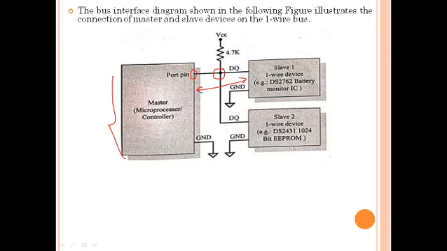Now we'll see the sequence of operation for communication with a one-wire slave device. The first step: the master device sends a reset pulse on this one wire, and the slave devices present on the bus respond with the presence pulse.